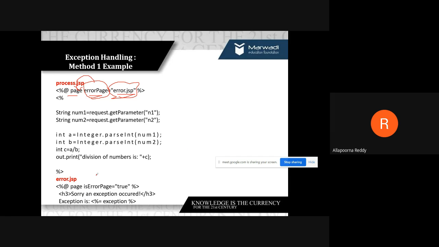But what happens in your process.jsp is that whatever N1 value you have taken initially will be retrieved by using getParameter on the request implicit object, and stored in number one. Similarly, the N2 value is stored in number two. But number one and number two are what type of data types?